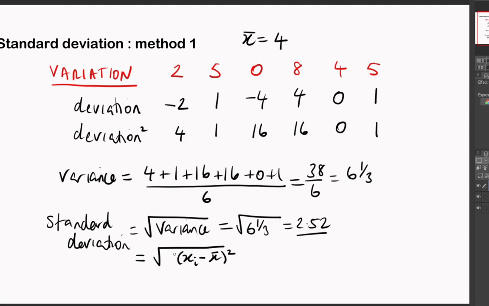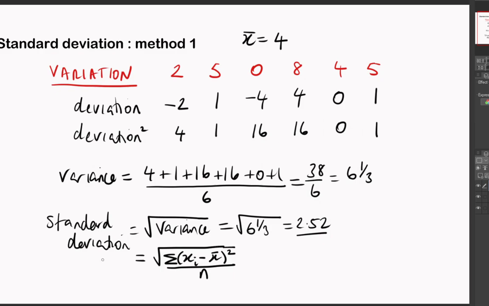And we summed all of the answers for each bit of data. In this case, we would have x1, x2, x3, x4, x5 and x6. And once we'd added all those up, we divided by n. So this is one formula for standard deviation that you may see.